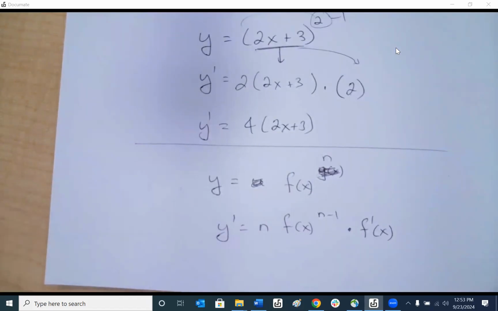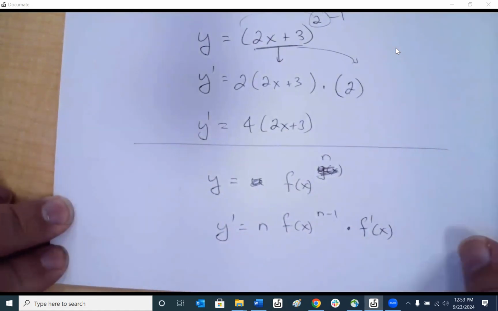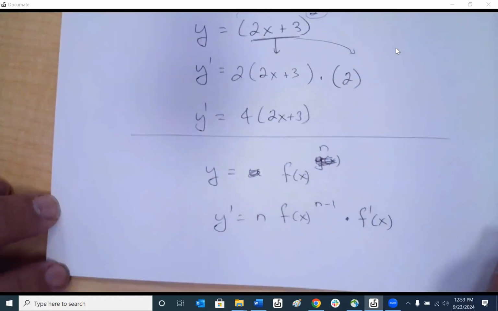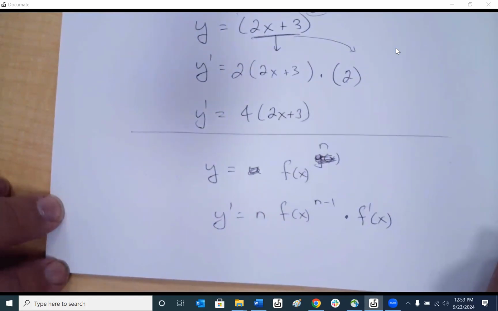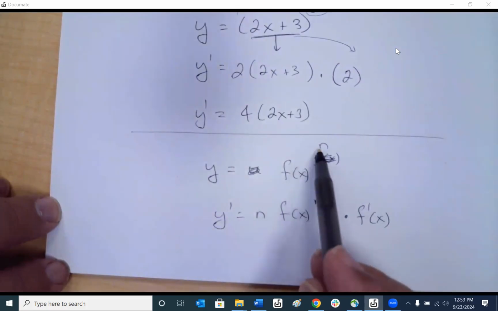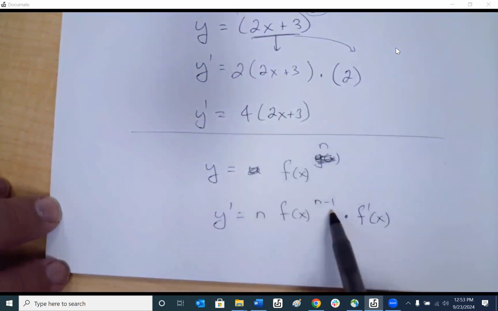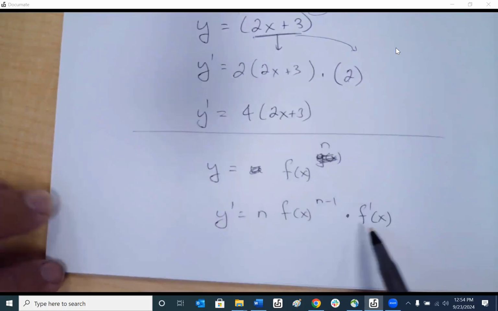That is, in a nutshell, the condensed version of it. So just take the derivative of the outside first, subtract 1, times the derivative of the inside, and you're done.